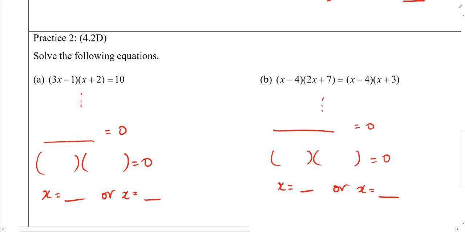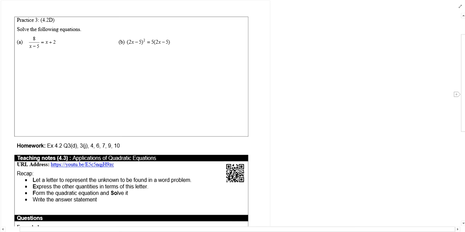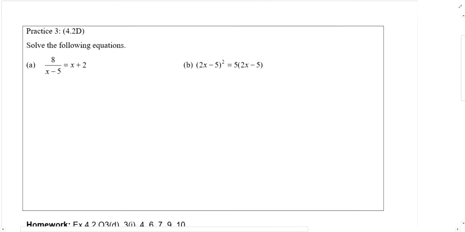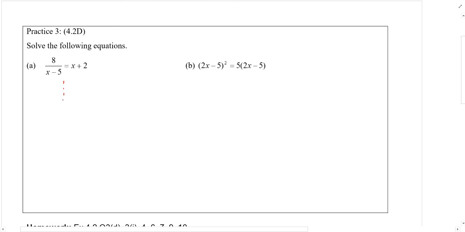Do you know what to fill in for the blanks? So these are your homework questions. I'm already doing part of your homework for you. Same thing over here. Likewise over here.